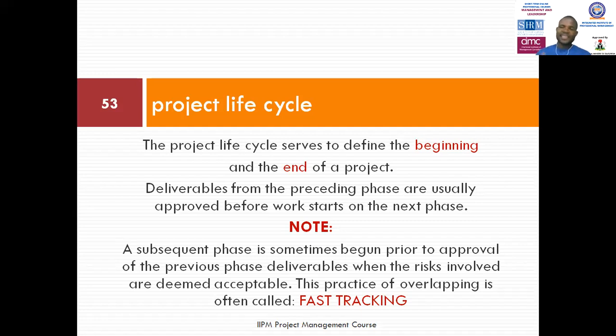But this exists where we have a sequential relationship. Where we have an overlapping relationship, fast tracking will take over. In the fast tracking case, that means we can run two phases at the same time, provided the risks involved are acceptable.